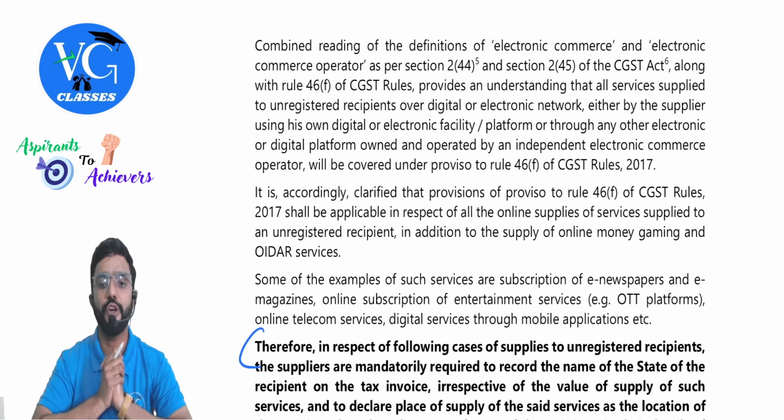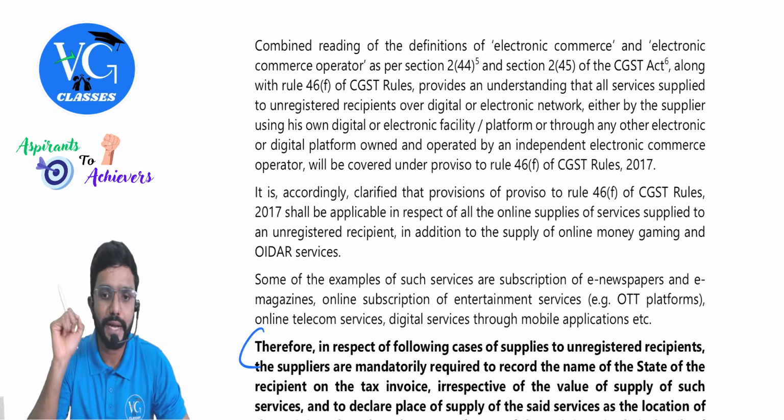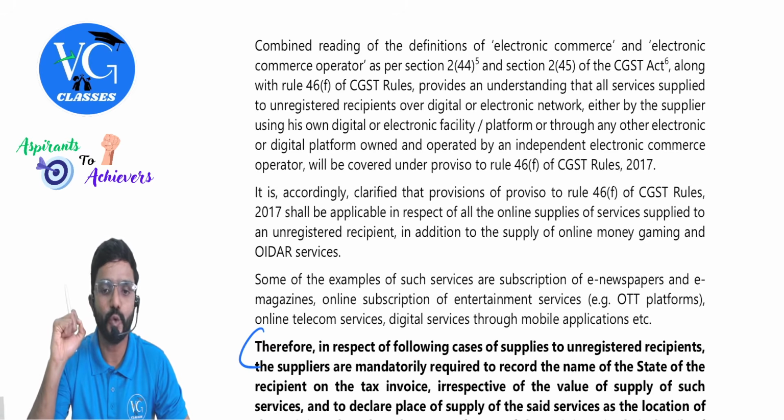Combined reading of the definition of electronic commerce and electronic commerce operator as per section 2 clause 44 and section 2 clause 45 of CGST, along with rule 46F of CGST rules, provides an understanding that all services supplied to an unregistered recipients, that is B2C, over digital or electronic network, either by the supplier using his own digital or electronic facility or platform, or through any other electronic or digital platform owned and operated by an independent electronic commerce operator, will be covered under the proviso to Rule 46F.